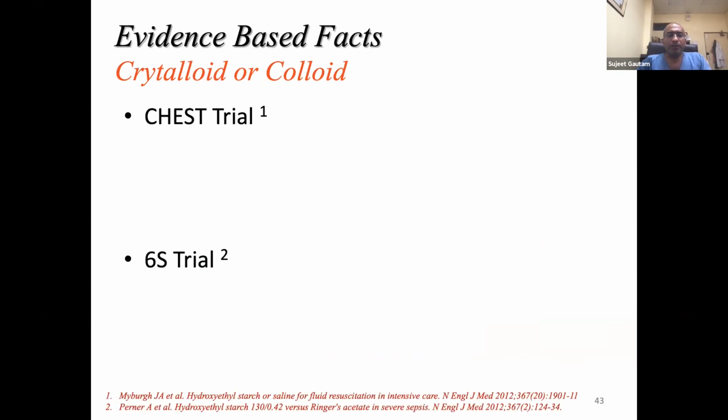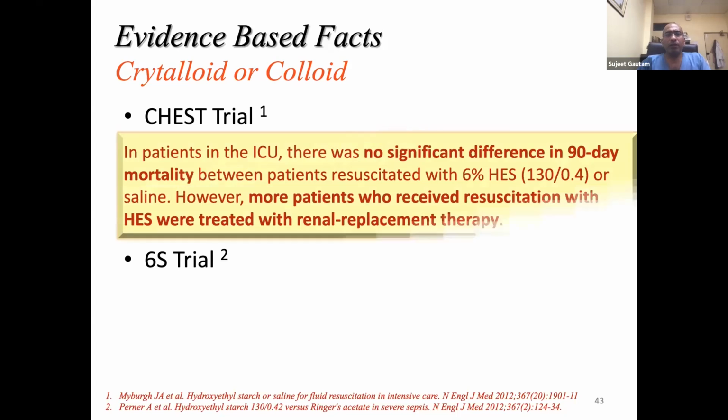These are the two trials which questioned the use of colloids perioperatively and said that colloid is bad and should not be used. The CHEST trial said that in patients in the ICU, there was no significant difference in 90-day mortality between patients resuscitated with 6% HES or saline.